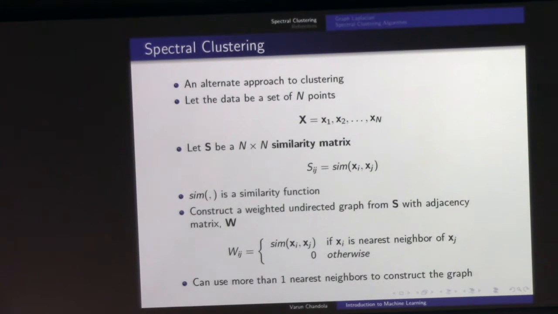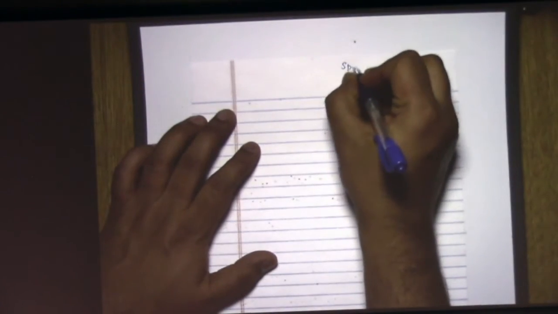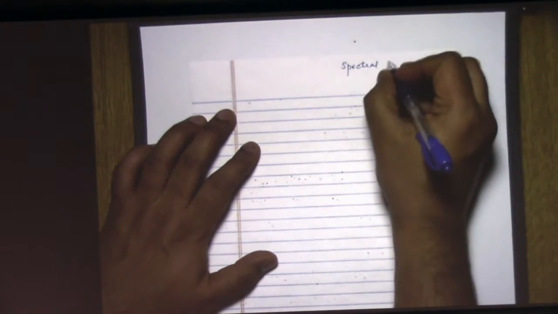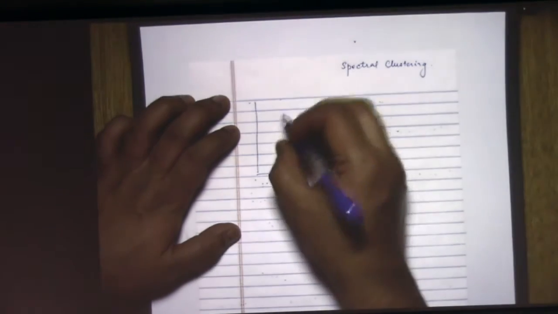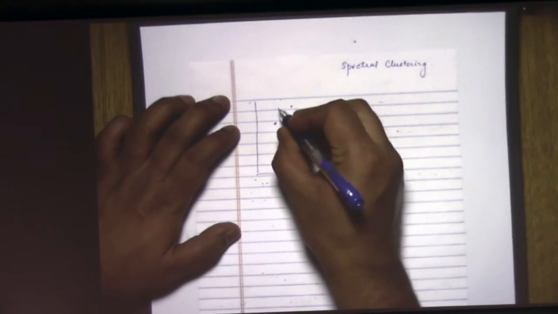One is you can put an edge between the nearest pair of objects. So let's go here. We're talking about spectral clustering. Let's say you have some data in two-dimensional space, so you have some data objects like this.